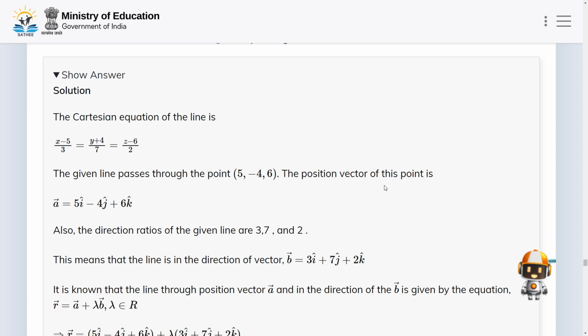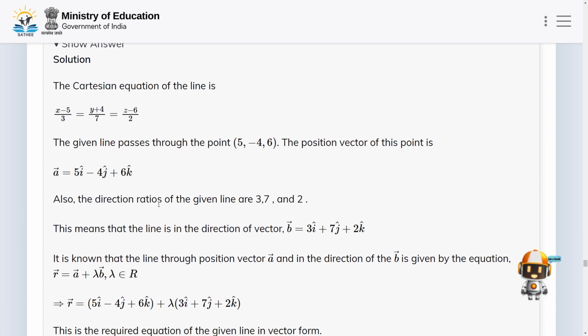The position vector of this point will be 5i hat minus 4j hat plus 6k hat, as you can see. Now the direction ratios of the given line are 3, 7, 2, as you can see here. Now what? This means that the line is in the direction of this.